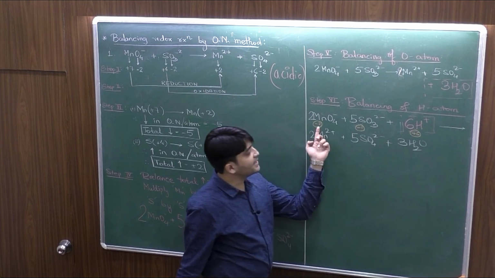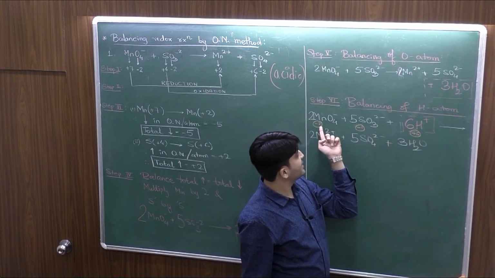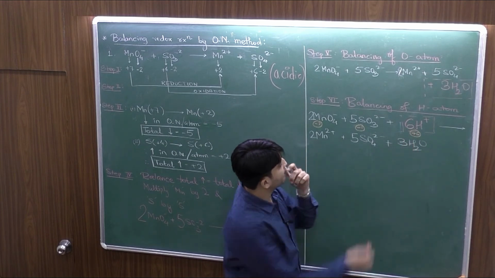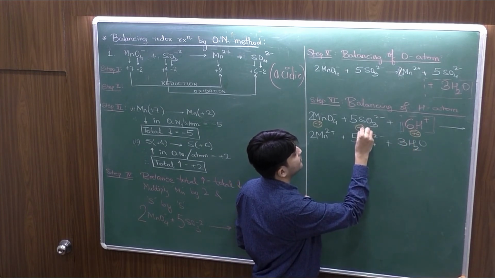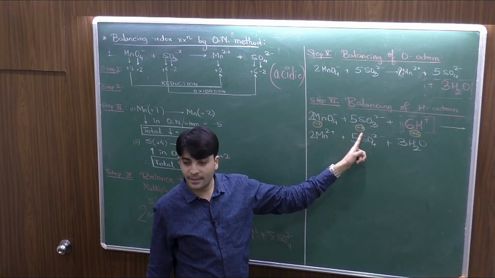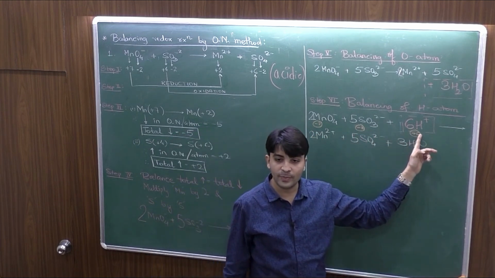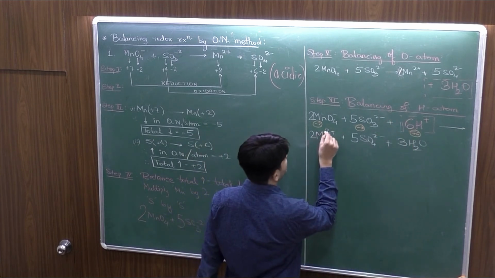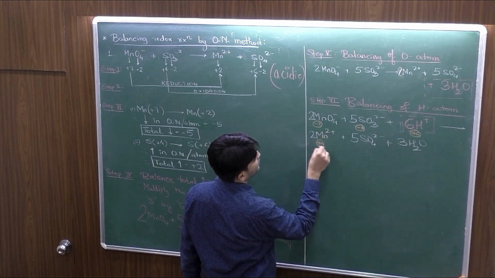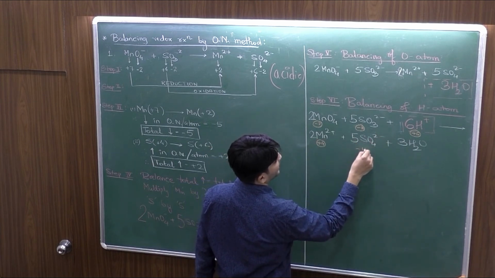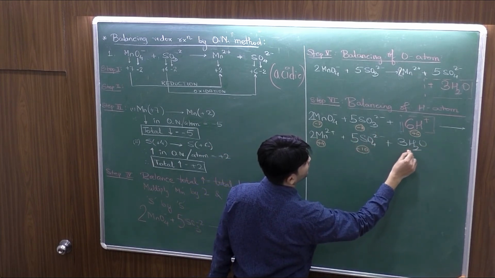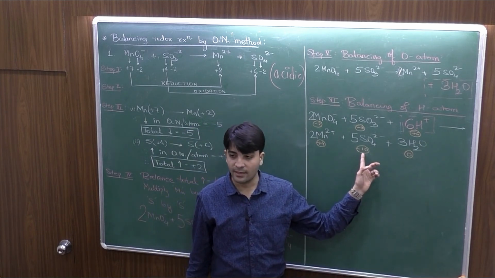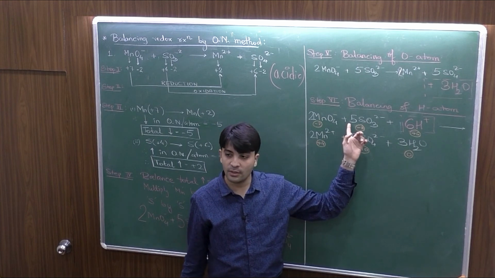Add up. -2 and -10, -12 and +6 would be -6 on the left. अब देखो यहाँ पर 2 into +2 is +4, 5 into -2 is -10 and 3 into 0 would be 0. So +4 minus 10 is -6, equal to the charge on the left.